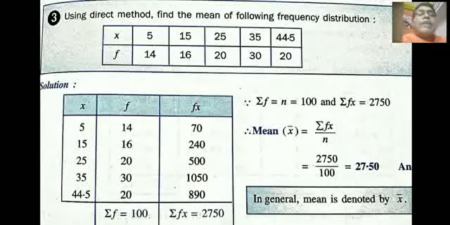Sigma f you can find by adding all the f of the column. So sigma f is equal to 100, and by adding the fx column you will get 2750. Therefore mean is equal to sigma fx by sigma f, that is 2750 by 100, which is equal to 27.5.